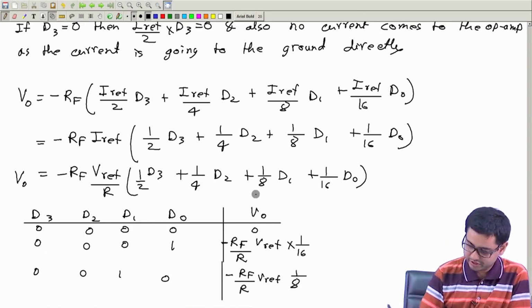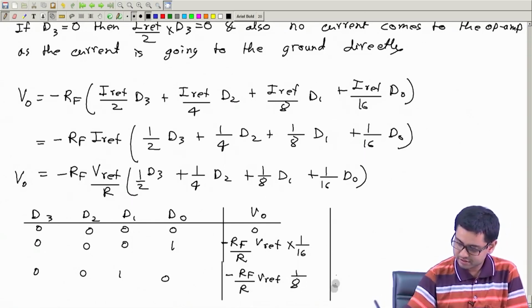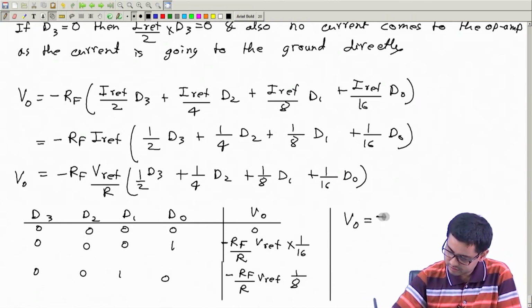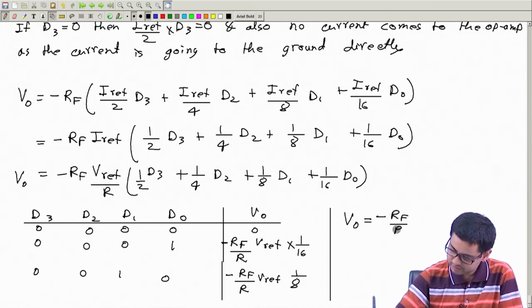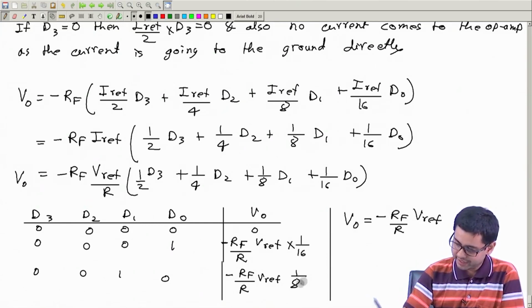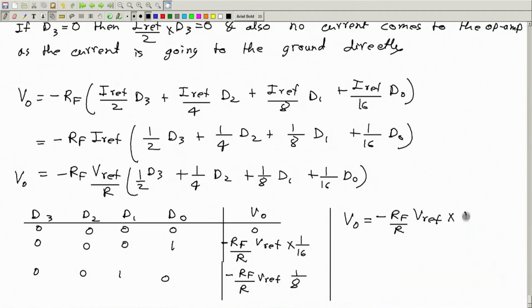So you see, VO is actually equal to this value multiplied by a binary number represented by the switch.